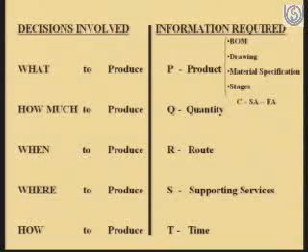So what are the decisions involved in the production planning and control activities? What to produce, how much to produce, that is the quantity, when to produce, that is the time frame, where to produce, which machine tools or work center should be involved, and which labor or operator or mechanic should be involved, and how to produce it.